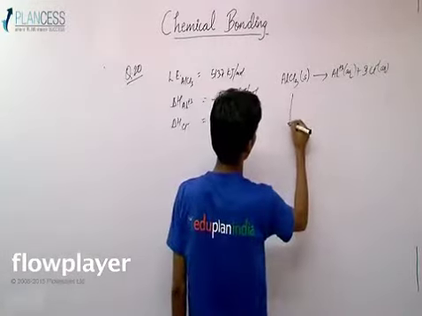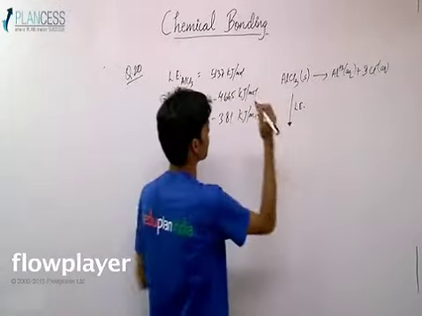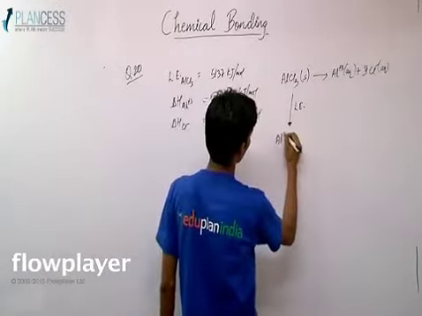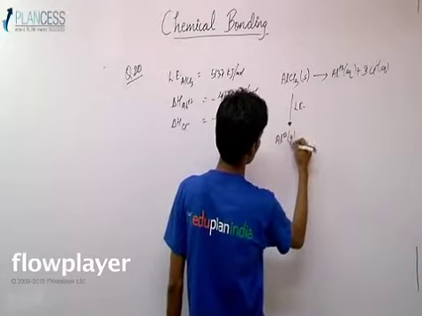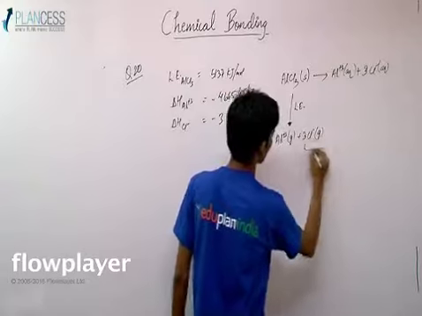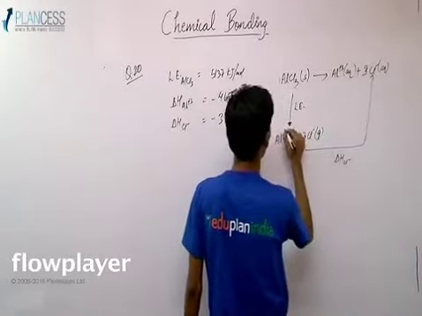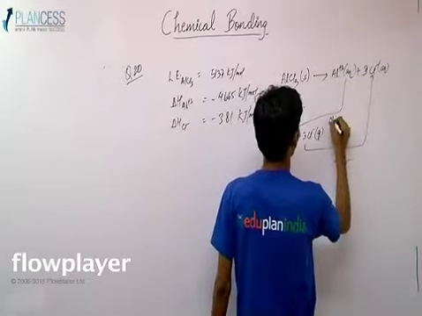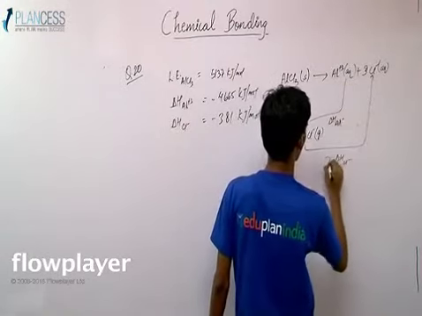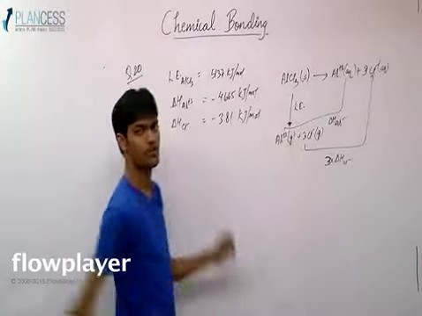First we have to supply the lattice enthalpy to break it up into Al+3 gaseous plus 3Cl- ion gaseous, and then we have the heat of hydration of Cl- and heat of hydration of Al+3. For Cl- it would be 3 into, because there are 3 ions. So this would be the enthalpy change for the whole reaction.